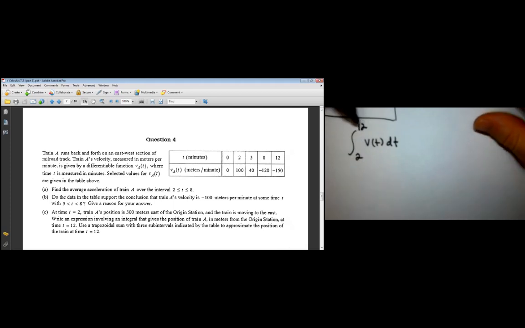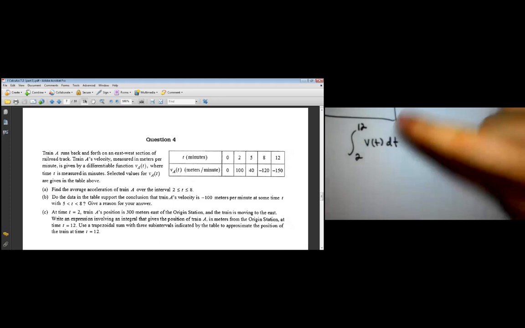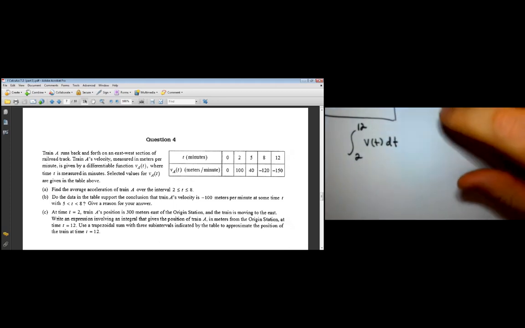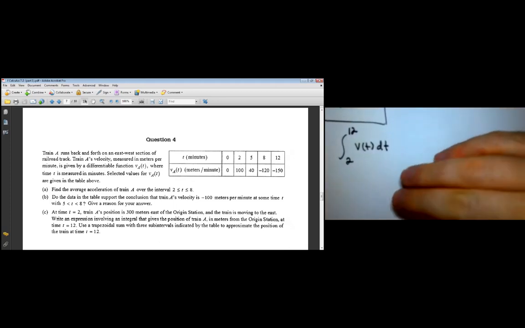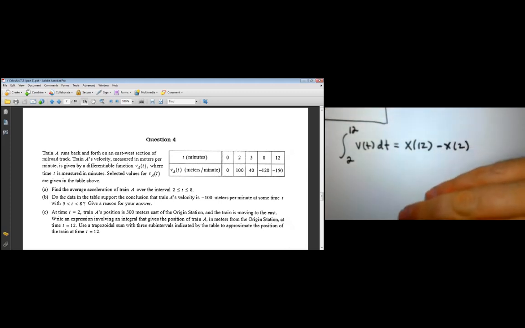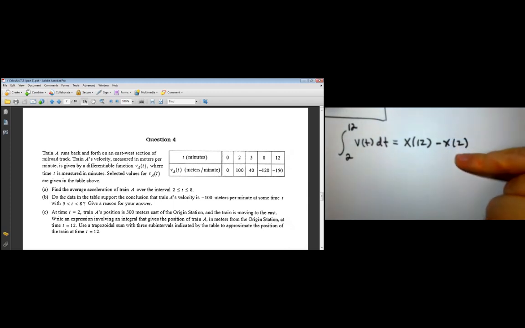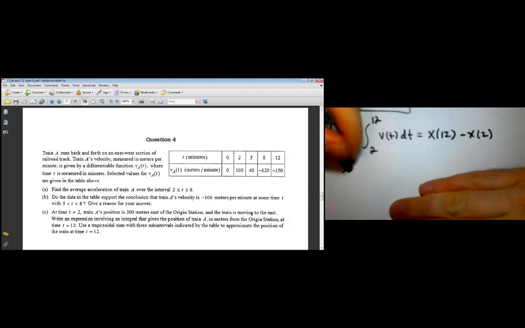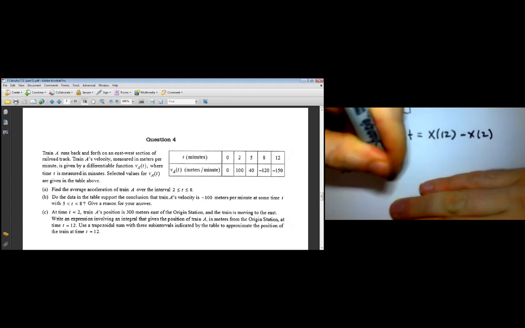Just as a little note, make sure it's dt whenever t is the variable. So the integral of v of t dt equals x of 12 minus x of 2. Got it. Next, add x of 2, which is just 300, so plus 300 on the other side.